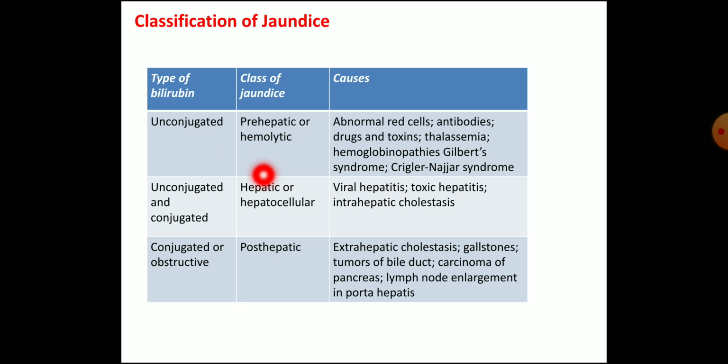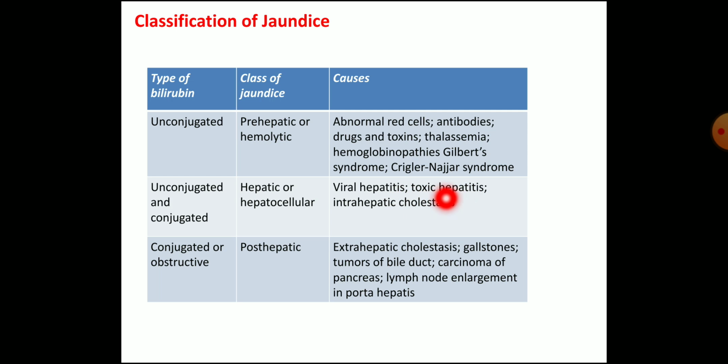Next one is the hepatic or hepatocellular jaundice, where there are some disorders associated with the liver. There will be infection and inflammation of the liver, that is viral hepatitis due to hepatitis A, B, C, etc., and toxic hepatitis due to carbon tetrachloride, chloroform, and some drugs.